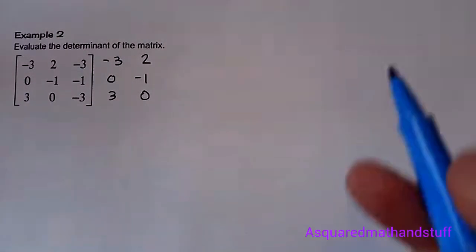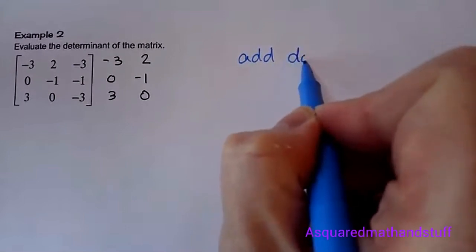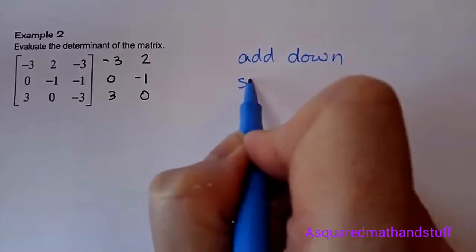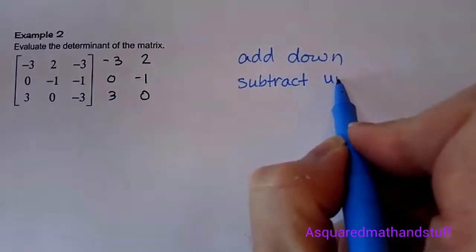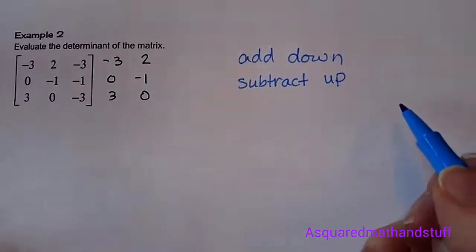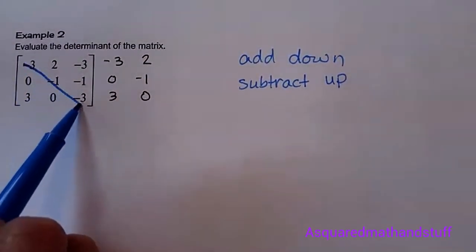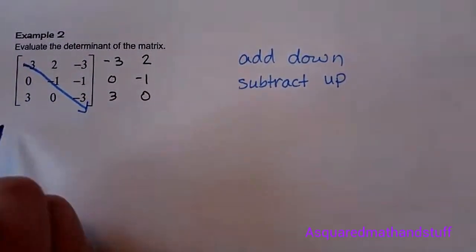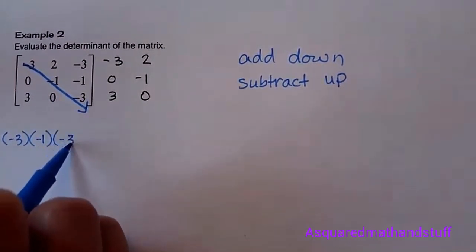And let's go ahead, make our diagonals. Remember, we add when we are going down, and we subtract when our arrows are going up or when we are moving in the upward direction. Starting with that top left-hand corner, working our way down, we have -3 times -1 times -3.